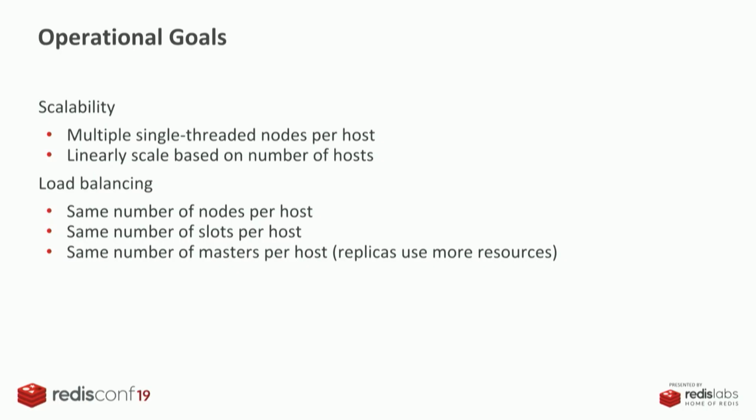Load balancing. We're almost done with the goals. We want every host to have the same number of nodes running on it. If we have 3 nodes on a host, we want 3 on every other host. We don't want one poor host doing too much work. The same goes for slots, which are effectively keys, and for masters, because master nodes do more work than replicas.